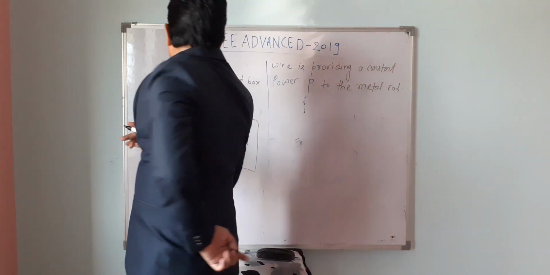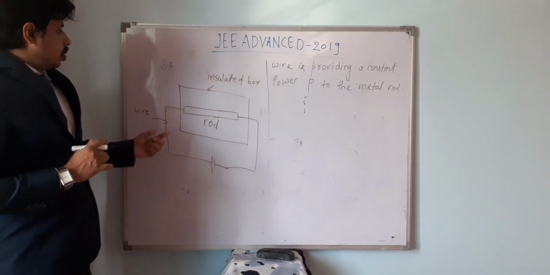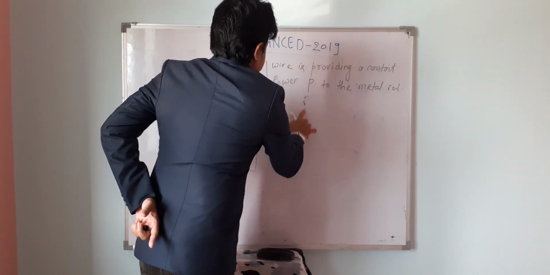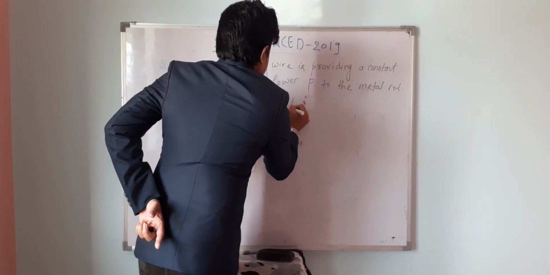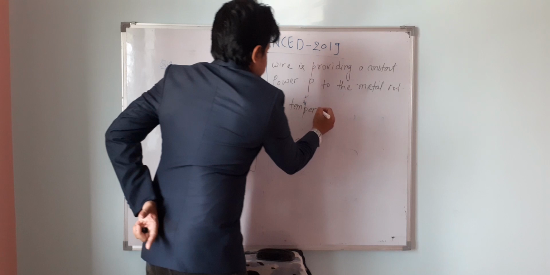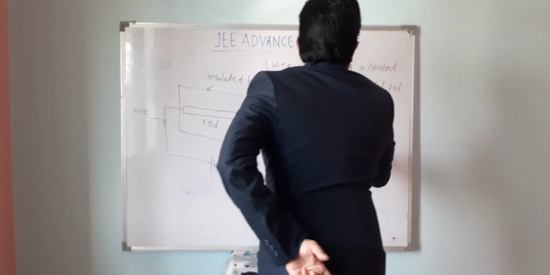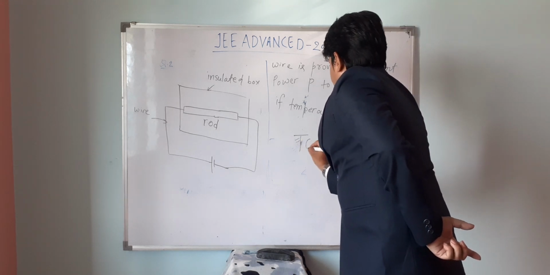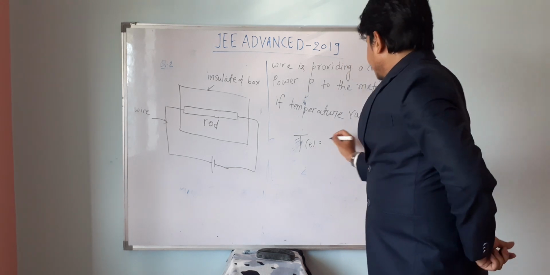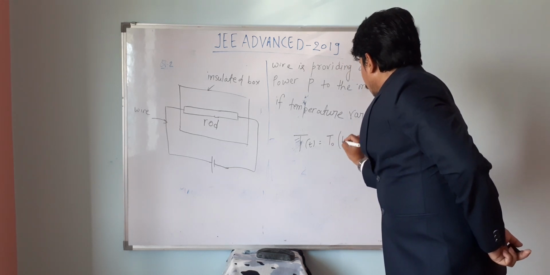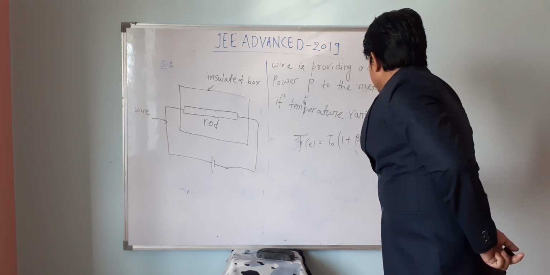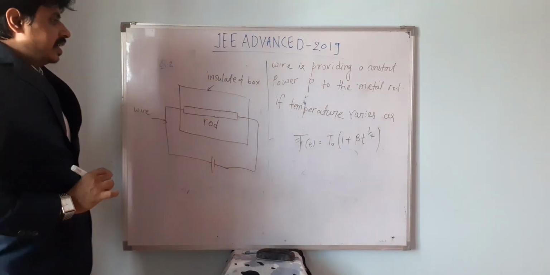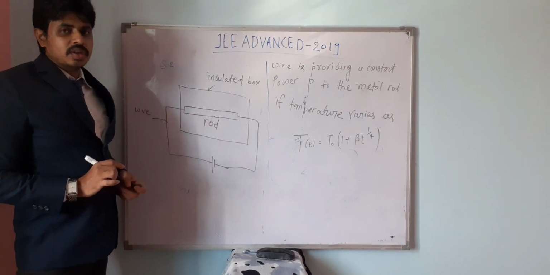This is the situation, and if the temperature varies as a function of time t, T is equal to T naught into 1 plus beta t, to the power 1 by 4, then we have to find the heat capacity of this rod.